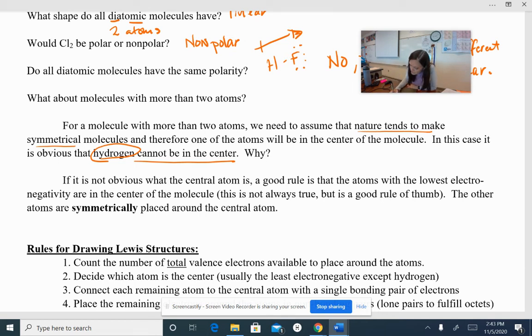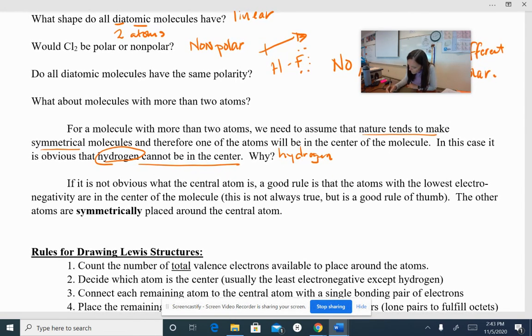No. Hydrogen can only make 1 bond, and because of that, hydrogen is never in the center. Hydrogen is what we call a terminal atom, meaning it's always at the end.